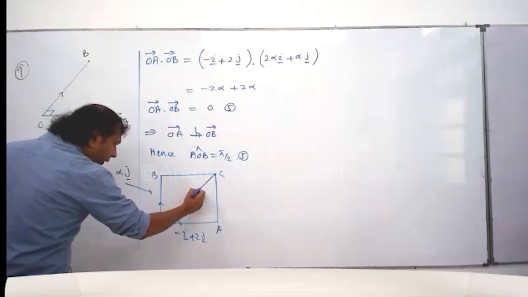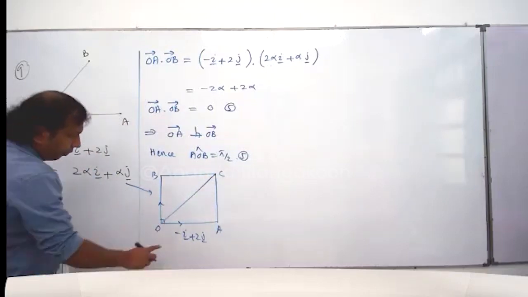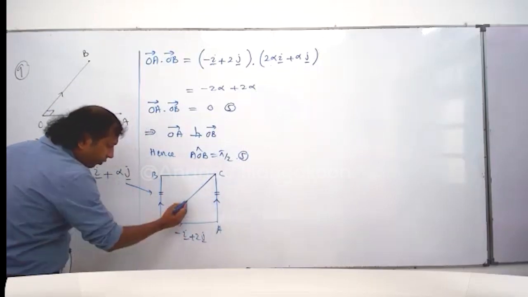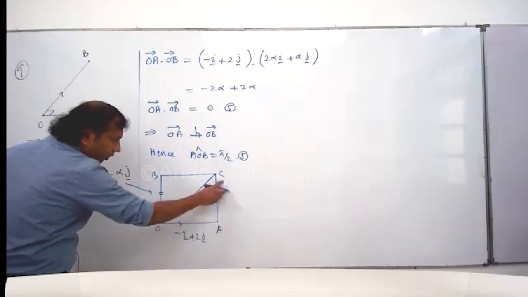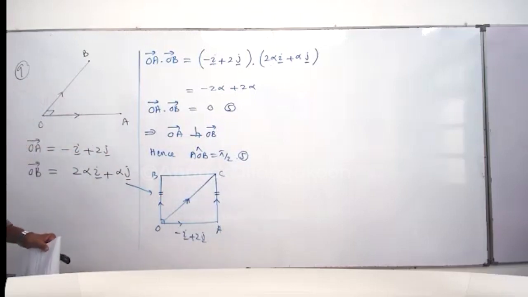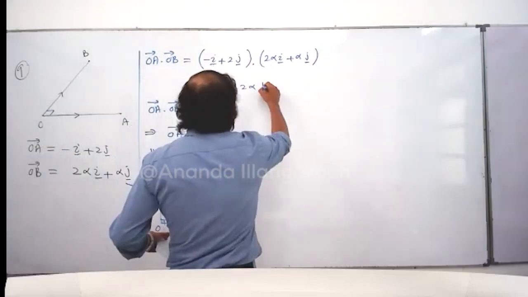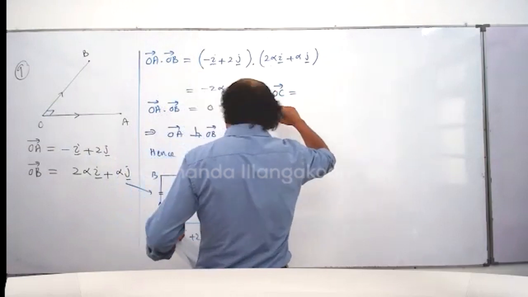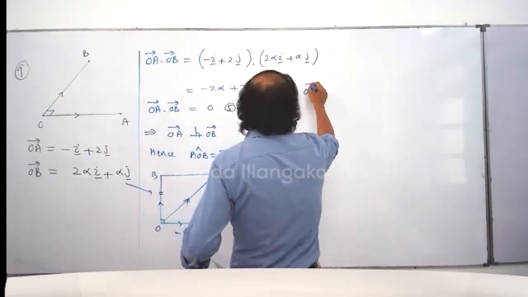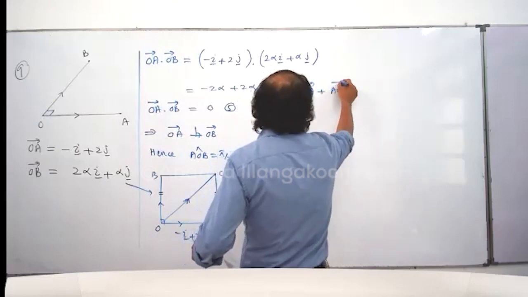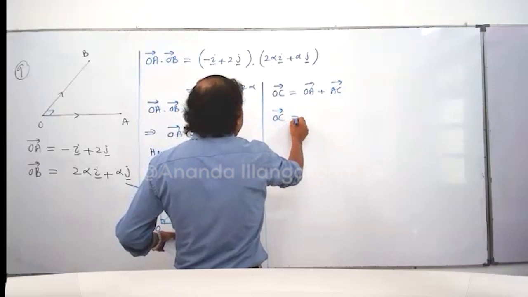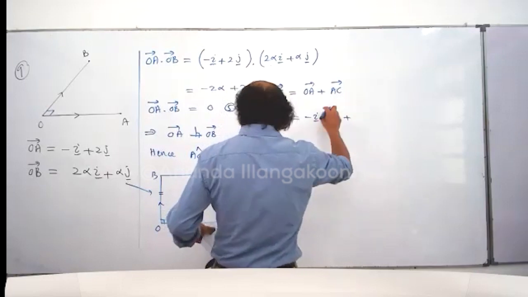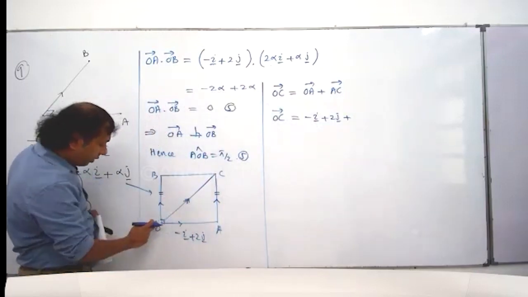Then OC vector we can write. Now, OACB is a rectangle means this vector and this vector are equal. Then OC vector we can write as OA vector plus AC vector. OA vector is minus i plus 2j. AC vector is same as OB vector.